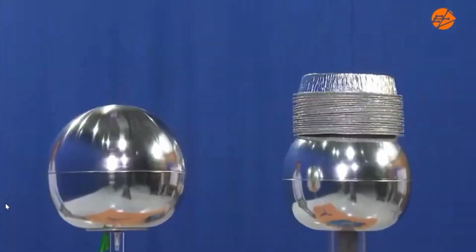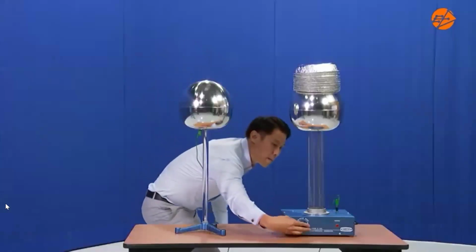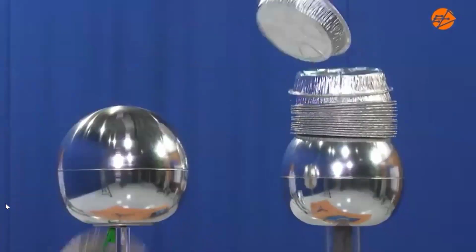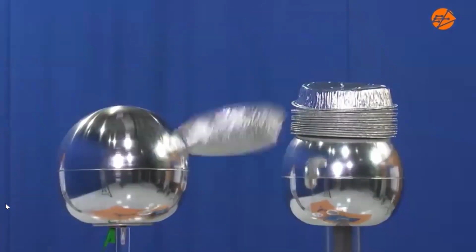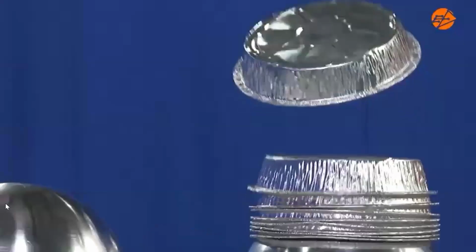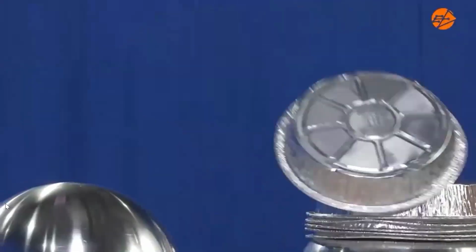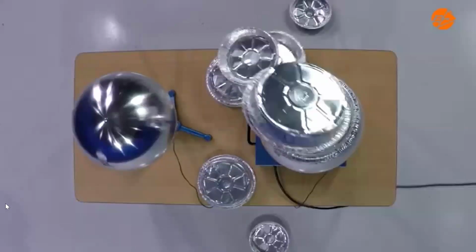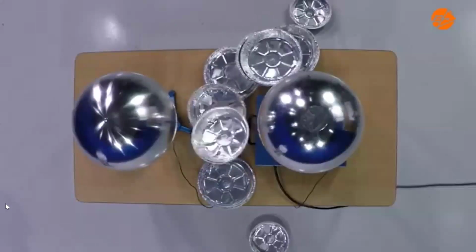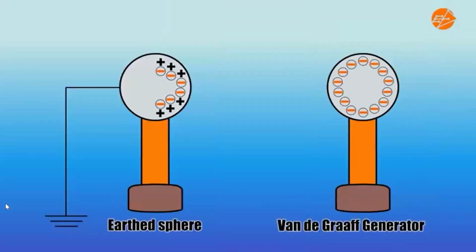Let's observe the pie plates as I charge up the Van de Graaff generator. Notice that the pie plates fly off in the direction of the nearby Earth sphere. When the dome is charged negatively, the negative charge of the dome repels the electrons of the Earth's sphere, causing the side of the sphere nearest to the dome to become positively charged.